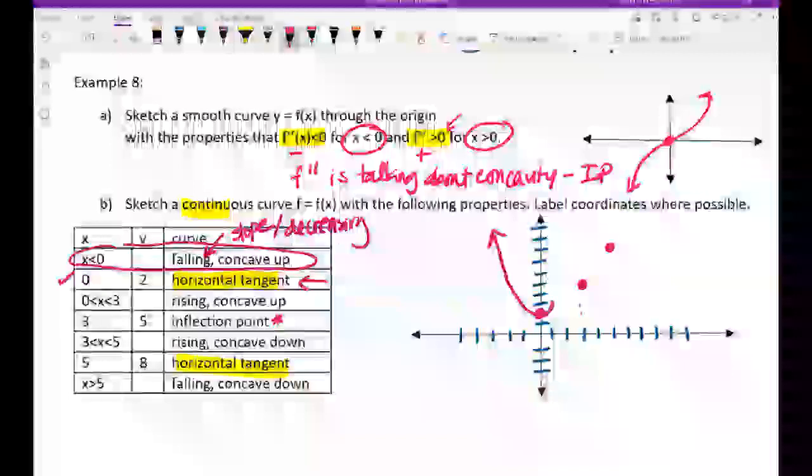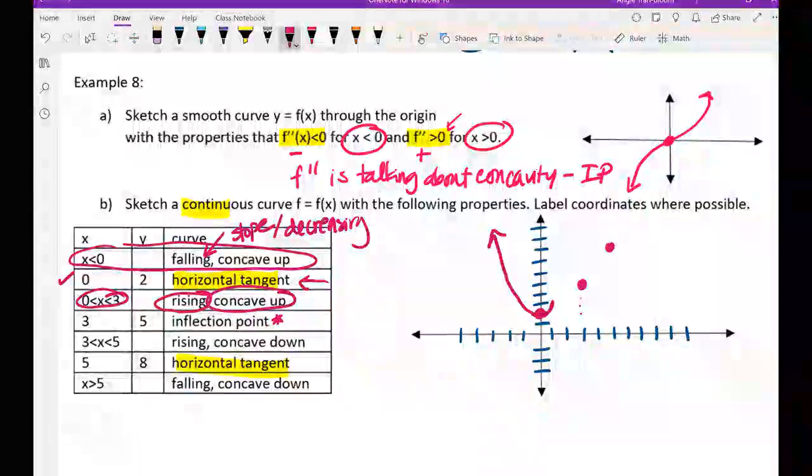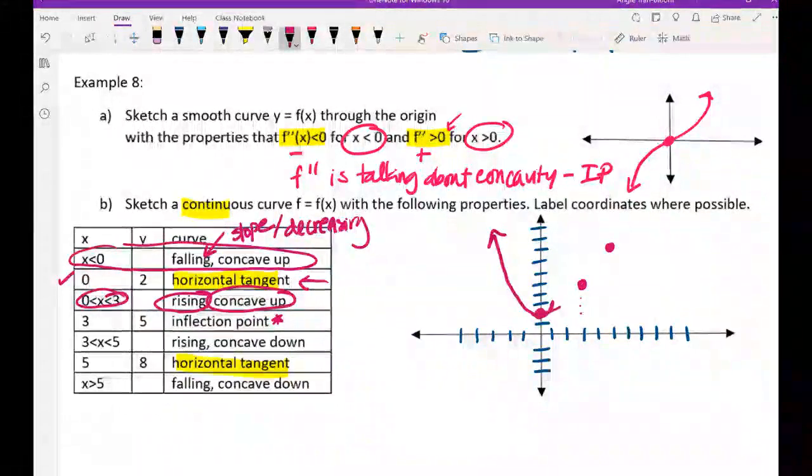And then at (0, 2), I have a horizontal tangent, so I have to round that out. From 0 to 3, the slope is increasing and concaving up, so it goes like that.